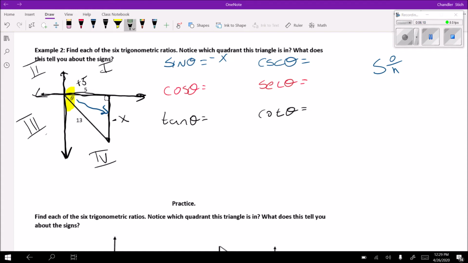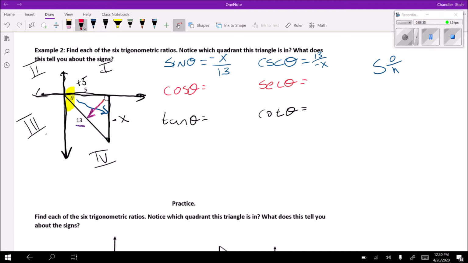Hypotenuse is always across from the right angle, which is 13. So I have negative x over 13. Cosecant would be the reciprocal of that, or 13 over negative x.